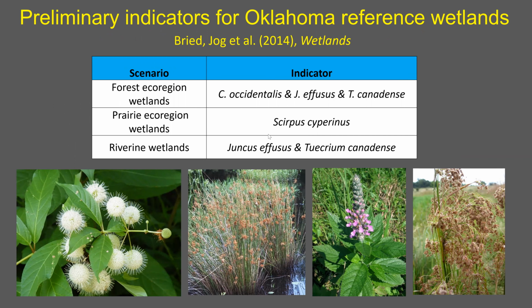And let me just give you one example very quickly. This is our scenario. If you are in a wetland of high quality, so reference quality refers to high quality wetlands, in a prairie ecoregion in Oklahoma and you encounter this species, Scirpus cyperinus, which is bulrush, it means that you are automatically within a reference quality wetland.